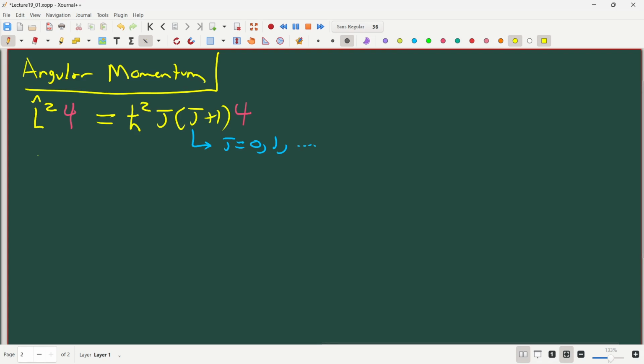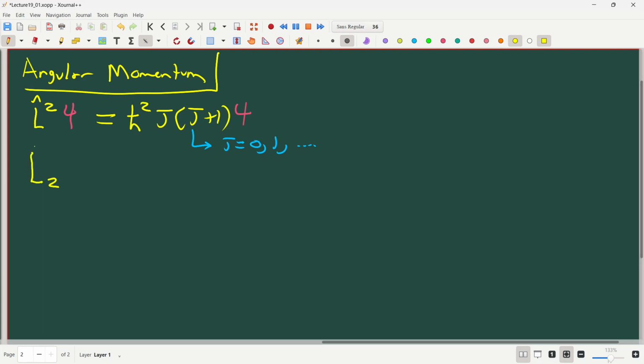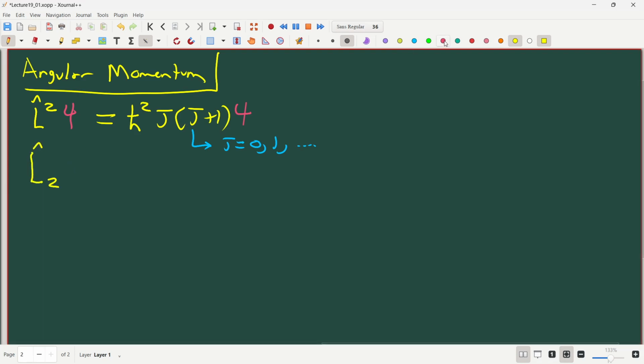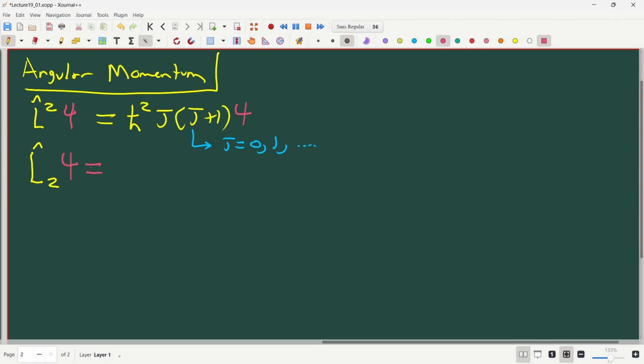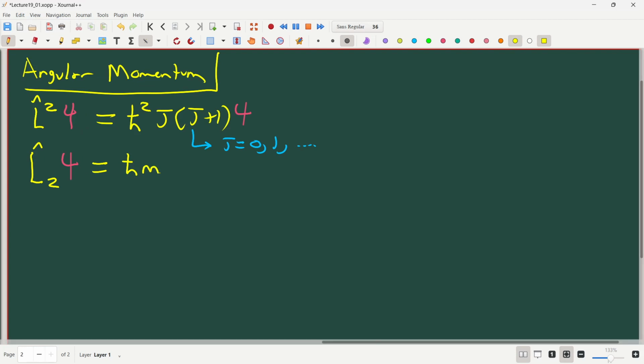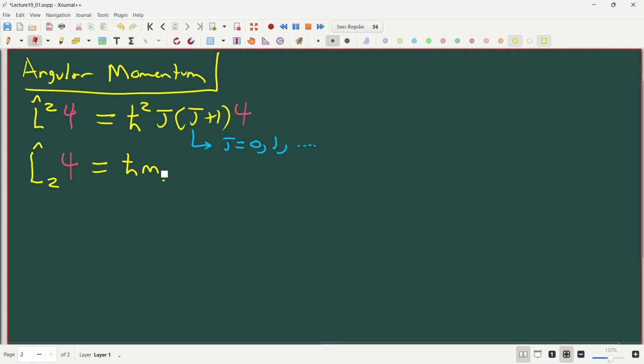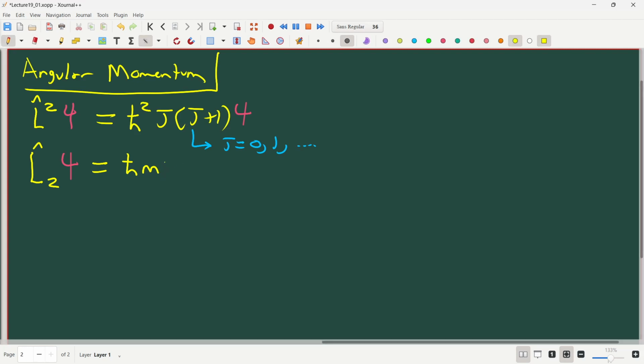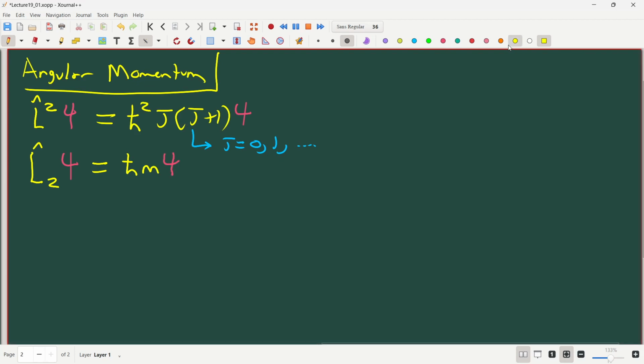And then we have our direction operator, which measures the projection along the z-axis of our angular momentum, which gives us h bar m. Sometimes we write it m sub j. I like m personally, just m times psi, where m can be any number between minus j and j.